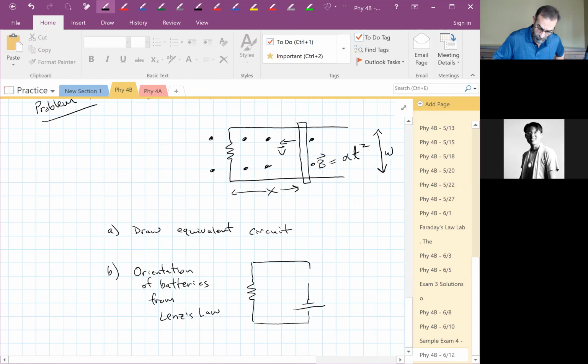And this would be for the B increasing, right? We good with that? Now, if we ignore the magnetic field changing and just look at the velocity of the bar, what would that be doing?